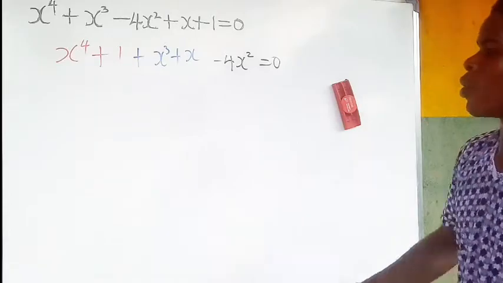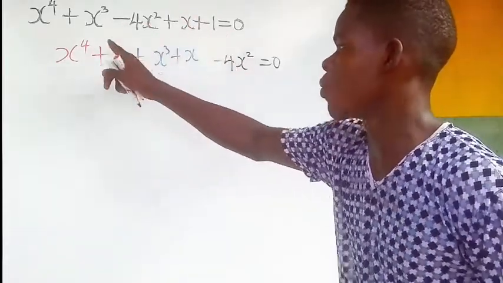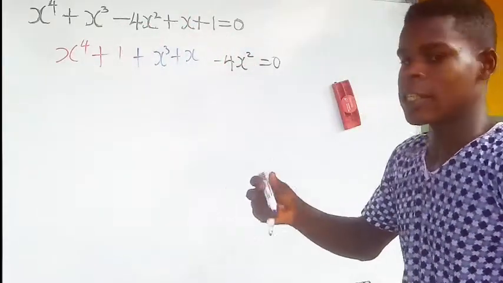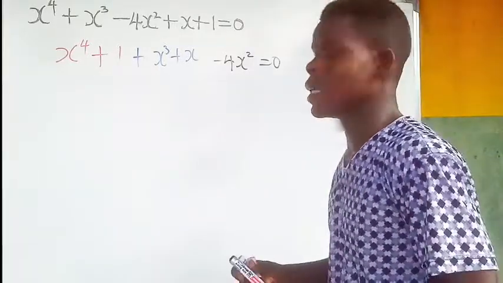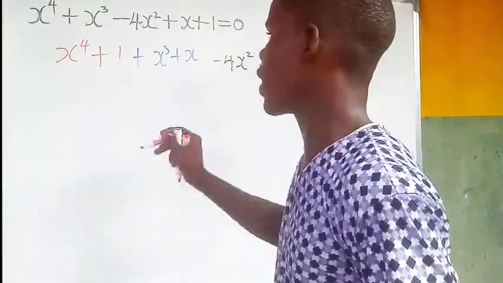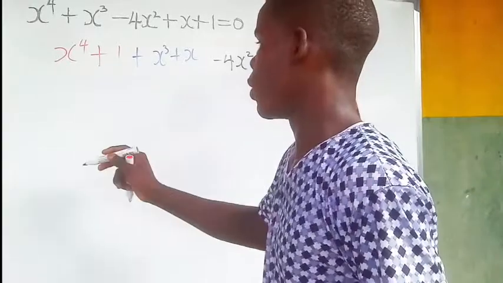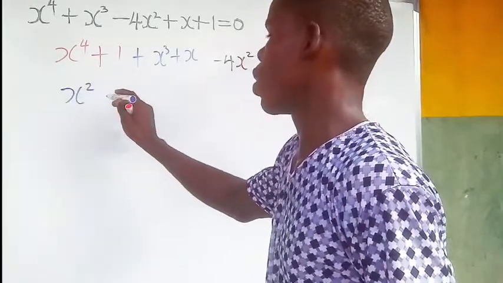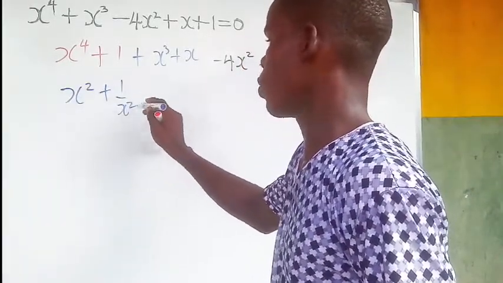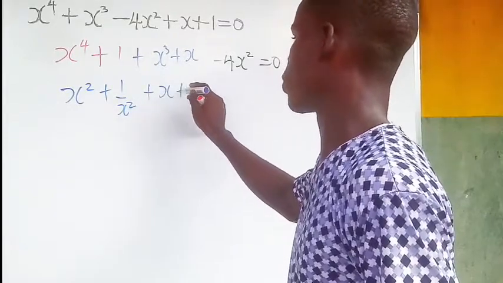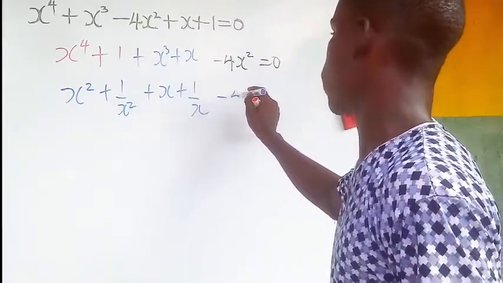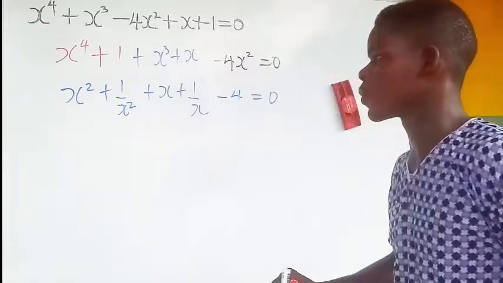Now, looking at this, we just group them. I say divide through by x squared. So we divide through by x squared, and we will have x squared plus 1 over x squared, plus x plus 1 over x, minus 4 equal to 0.